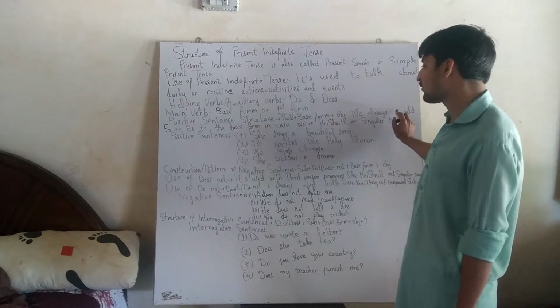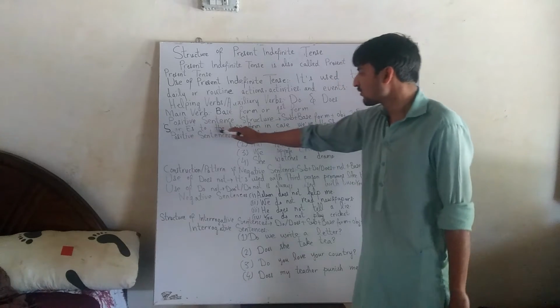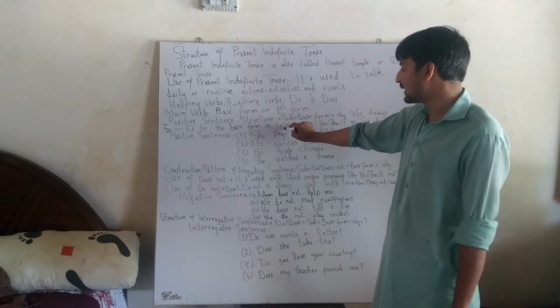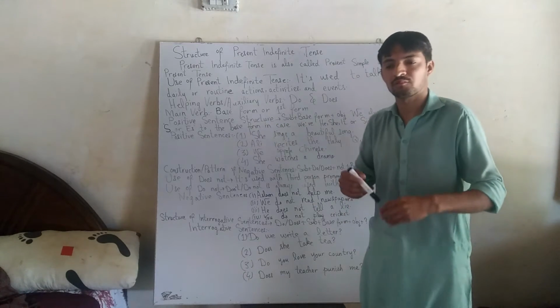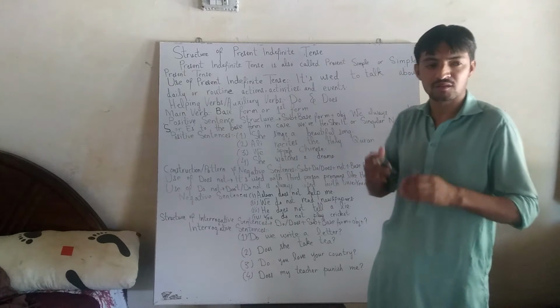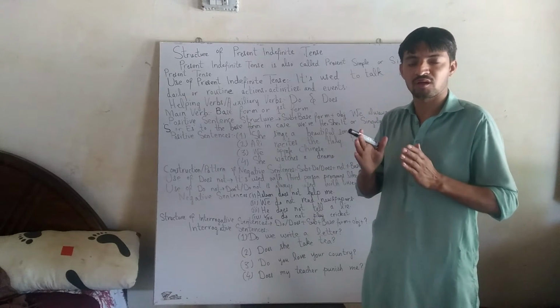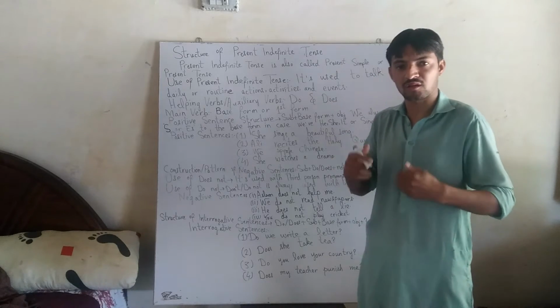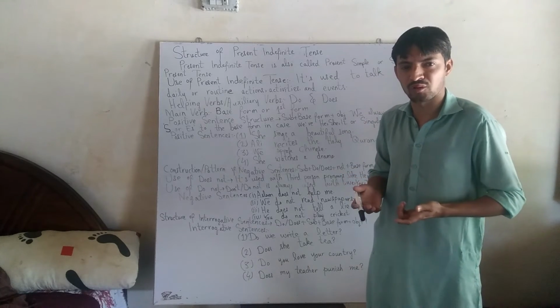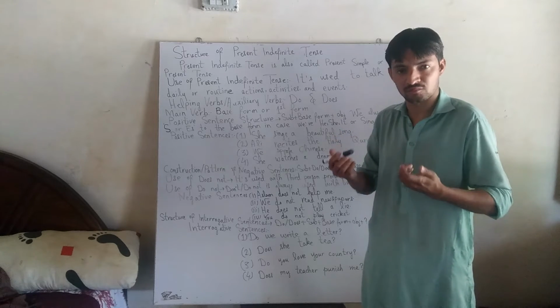But we always add s or es to the base form in case we have he, she, it, or a singular noun. So it is also important to understand that we add s or es to the base form, or to the present form, if we have third person pronouns like he, she, it, right?